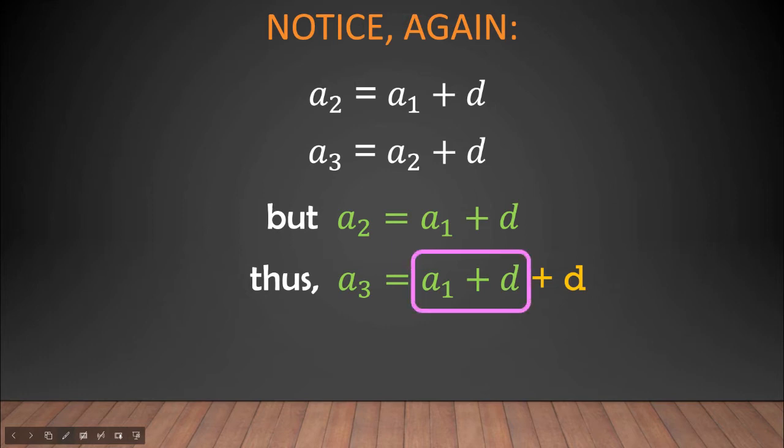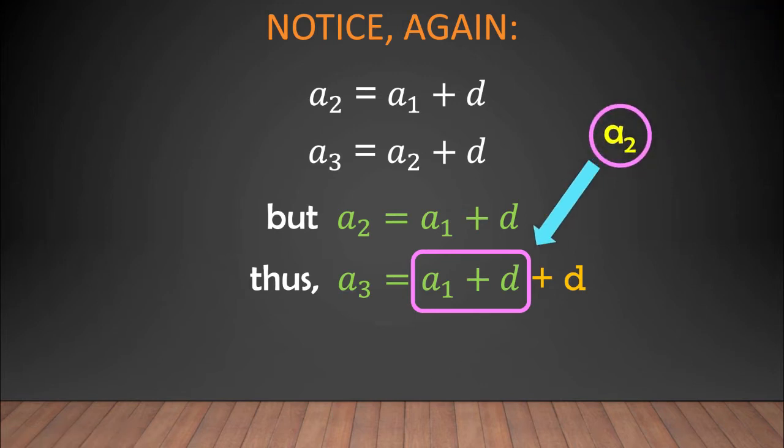Now, this a sub 1 plus d here, remember, this is just our a sub 2. Therefore, a sub 3 can be expressed as a sub 1 plus 2d.